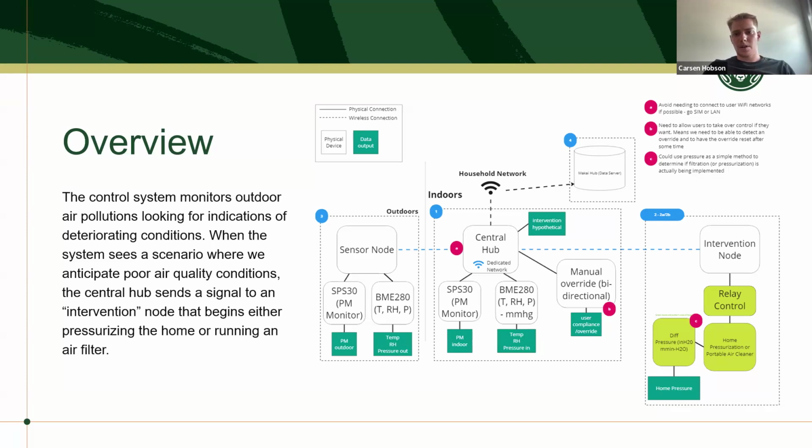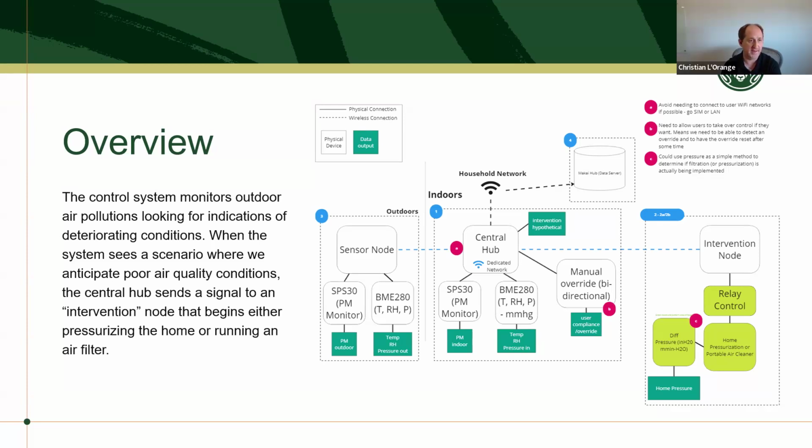On the right is a schematic of the current system. We'd have a central hub, which has its own dedicated network, and is receiving data from nodes all around the house. It makes a decision, sending a signal to the intervention node, which would control the pressurization or filtration.